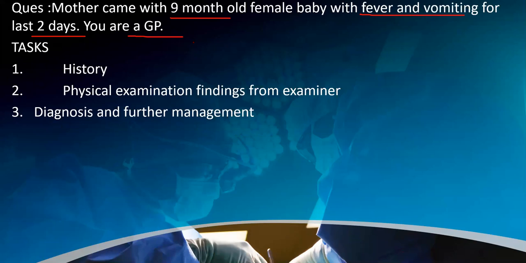The mother of a 9-month-old baby came to your GP clinic because the baby has had fever and vomiting for the last 2 days. You need to take a history, do a physical examination from the examiner, then give the diagnosis and further management.